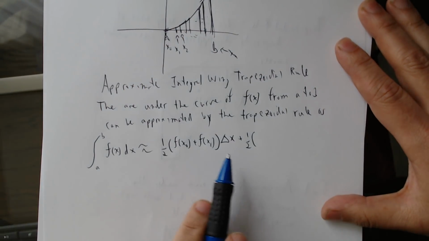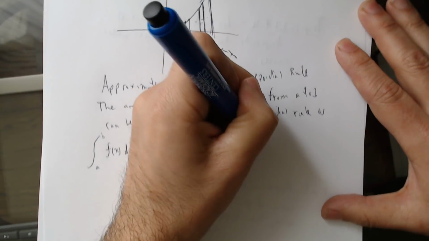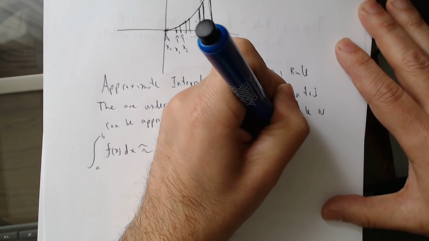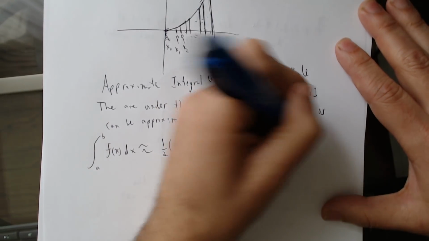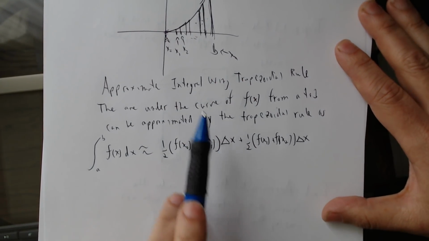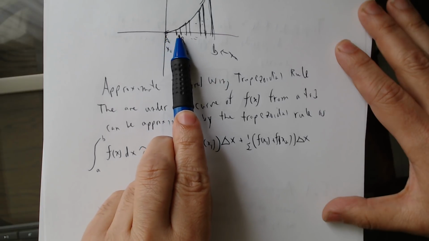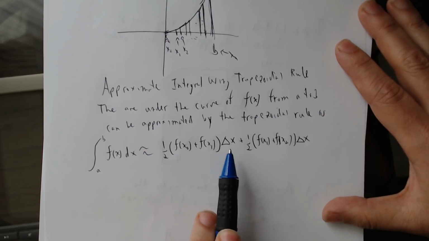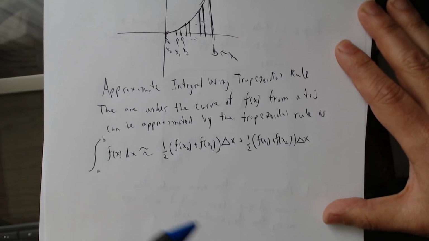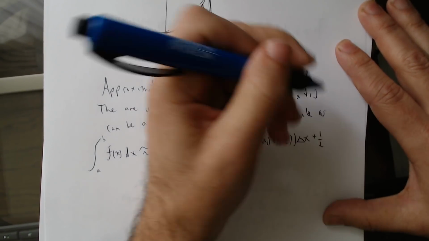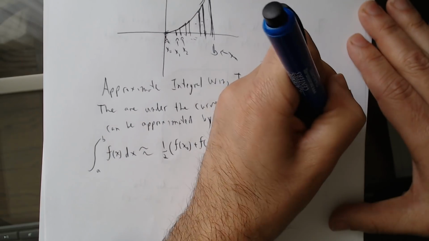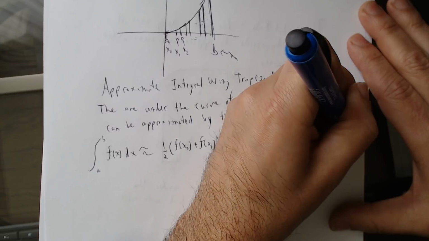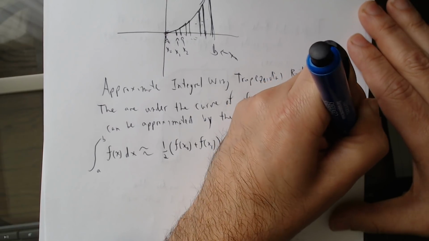Then the next trapezoid, remember, it'll share f of x sub 1. It'll be f of x sub 1 plus f of x sub 2 times delta x, which, if we're assuming that we're dividing this up evenly, all of the heights would be the delta x. So remember, this is base 1, base 2, height. And the 1/2 is there because of the formula. Plus 1/2 f of x sub 2 plus f of x sub 3 delta x.